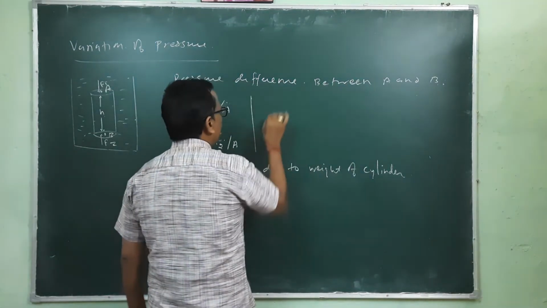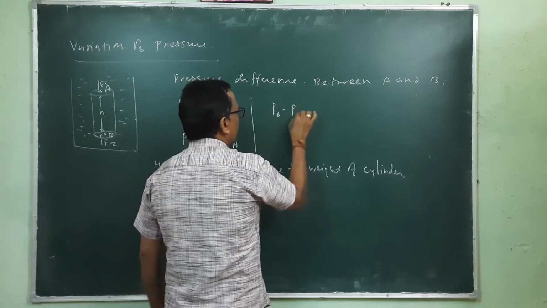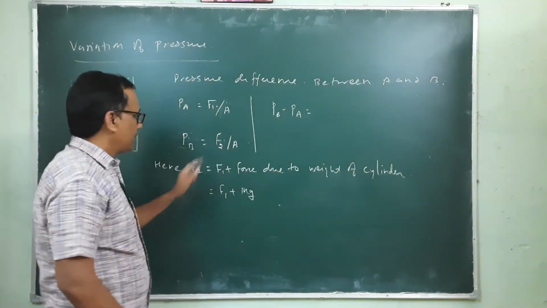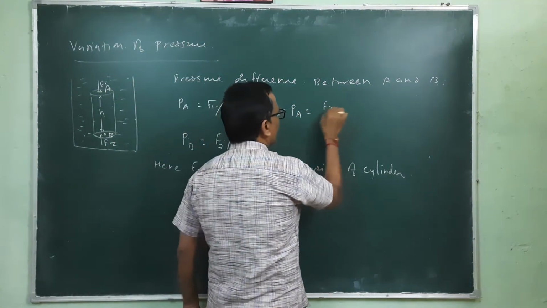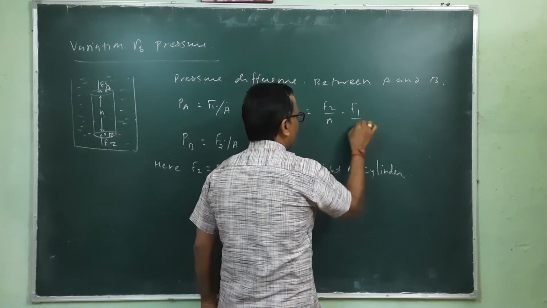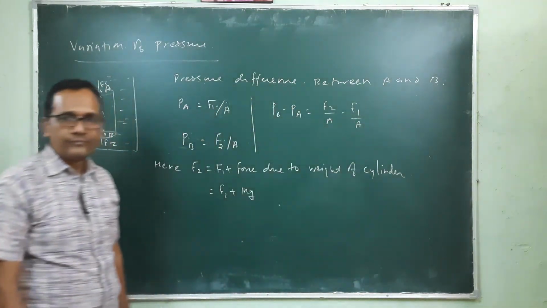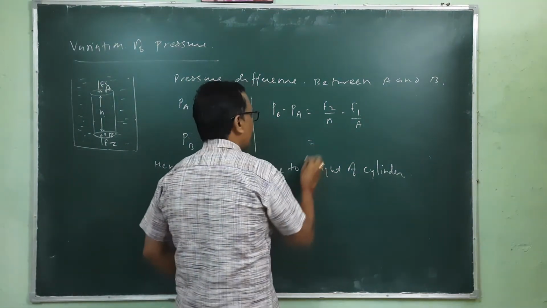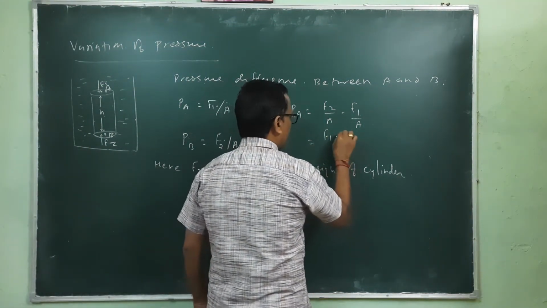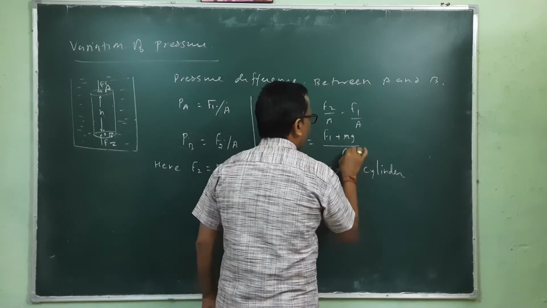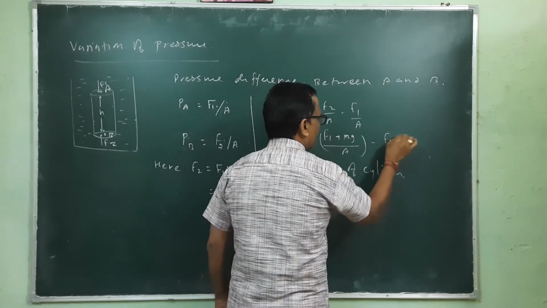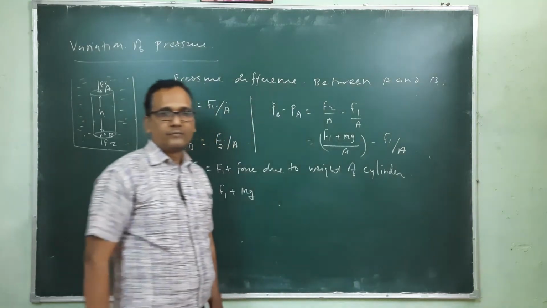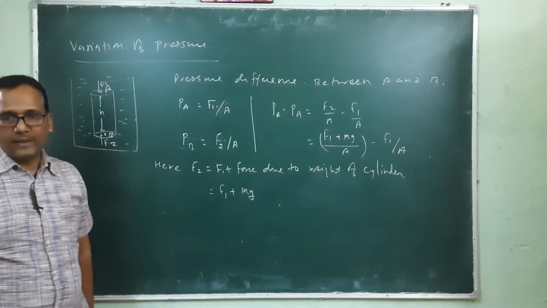So one can calculate this pressure difference PB minus PA. It is equal to F2 by A minus F1 by A. F2 is this, so this is equal to F1 plus mg by A minus F1 by A. F1 by A can be cancelled.